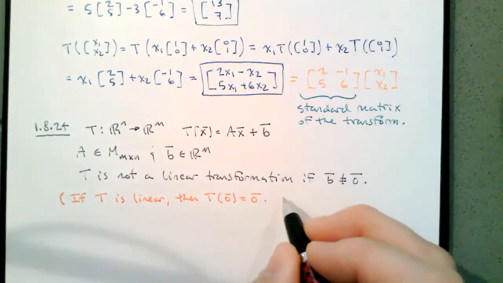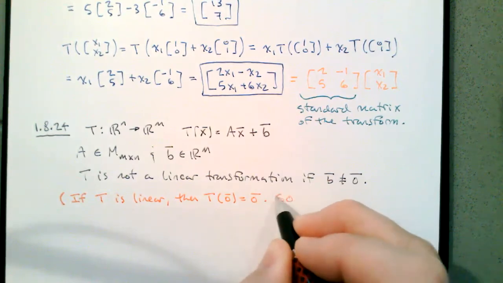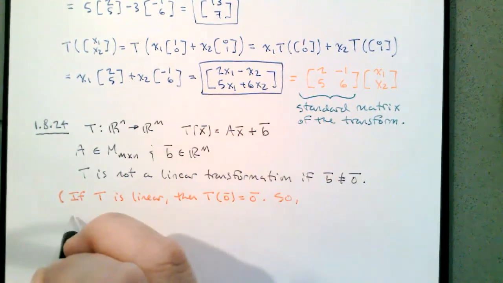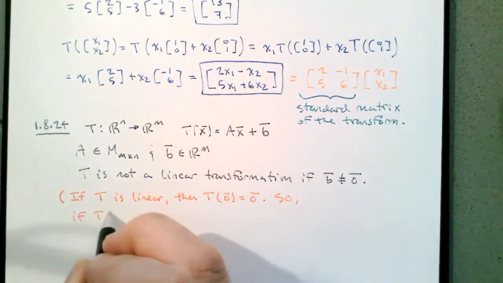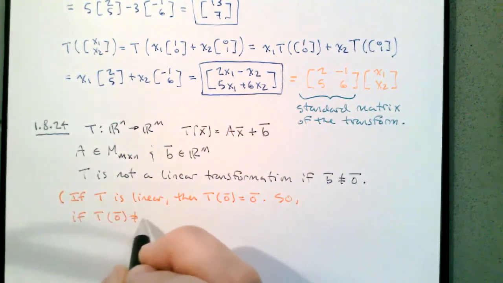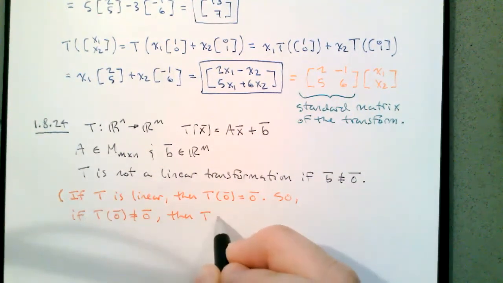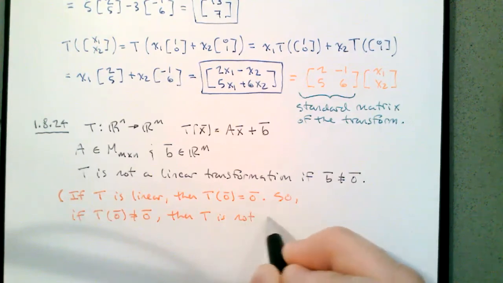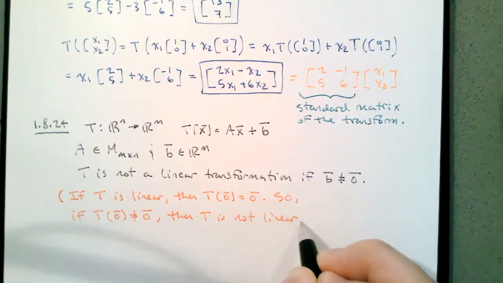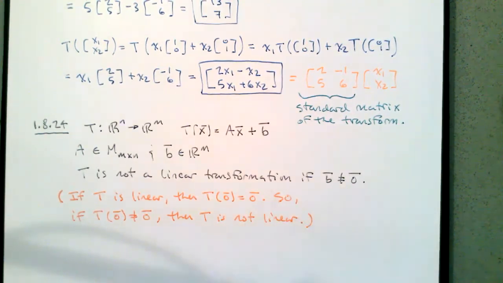So if T of 0 is not 0, then T is not linear. If we change the order and negate the statements, then that's equivalent.